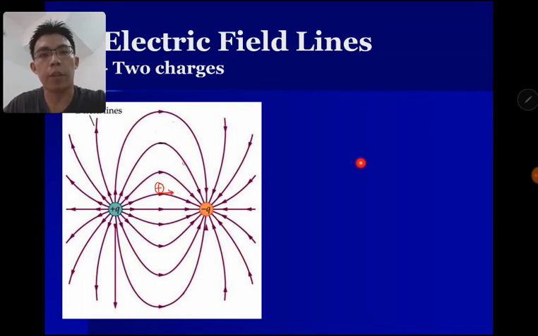If I have a positive charge here, it will be tangent to this line, and if I have it here, it will be this one. So it just follows the direction of the tangent line. You can imagine that a positive charge gets repelled from the positive charge and goes towards the negative charge.